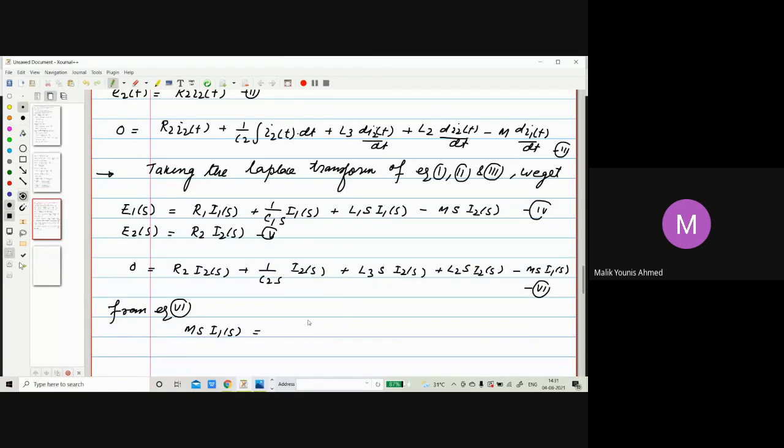We can take I2 of s common here, and simply write this as R2. I will take C2 s as an LCM also. Then I will write R2 C2 s plus 1 plus L2 C2 s square plus L3 C2 s square, divided by the same C2 s.